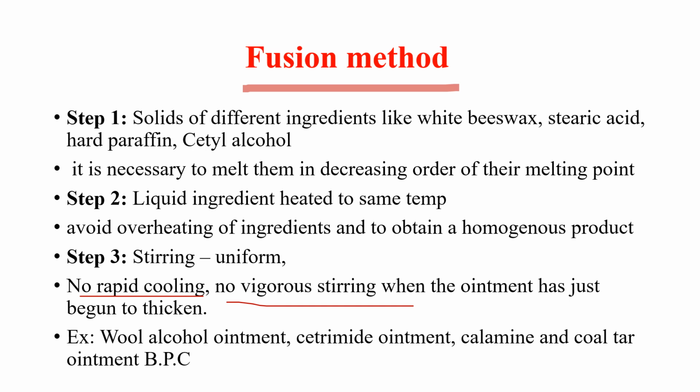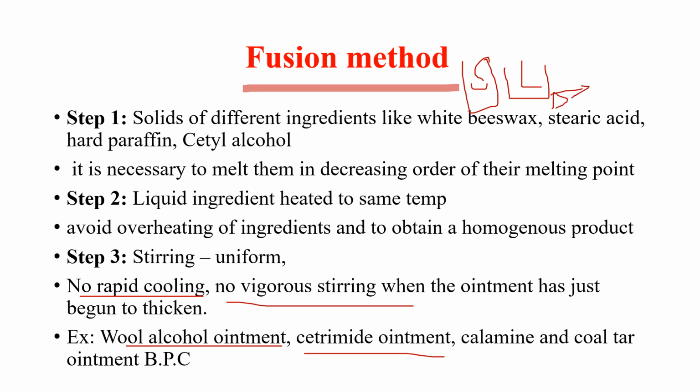Now, examples of ointments you are going to prepare by the fusion method are wool alcohol ointment, cetrimide ointment, coal tar ointment, and calamine and coal tar ointment. The fusion method, as the name indicates, means heat the material. Divide your solid materials to one side and liquid materials to the other side. Take all the solids into one beaker or container and heat these two at the same temperature.